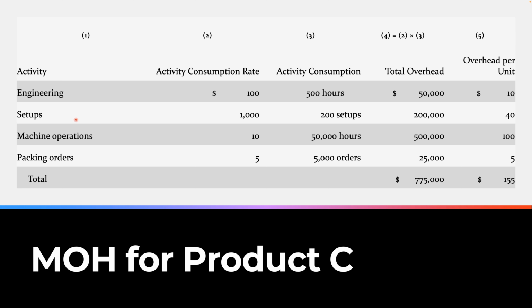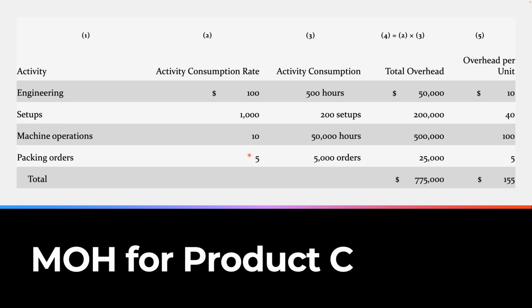If we take a look at setups, $1,000 multiplied by 200 setups for product C alone is $200,000 or $40 a unit. Machine operations, $10 multiplied by 50,000 hours. The total overhead is $500,000 or $100 a unit.